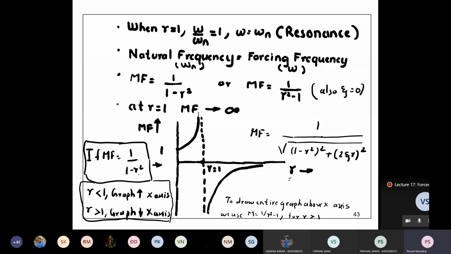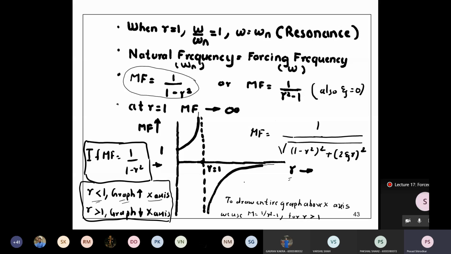Now in this case, the graph is constructed of magnification factor versus r, and when r is less than 1, the graph is above the x-axis. Now if I use the same equation, magnification factor is 1 upon 1 minus r square for r greater than 1, the rest of the graph goes below the axis.